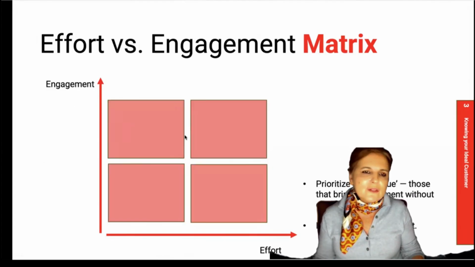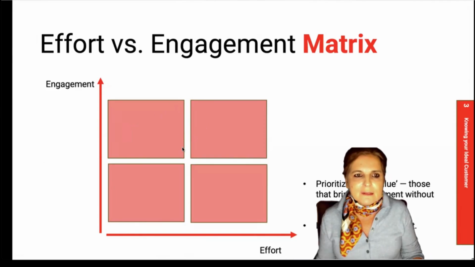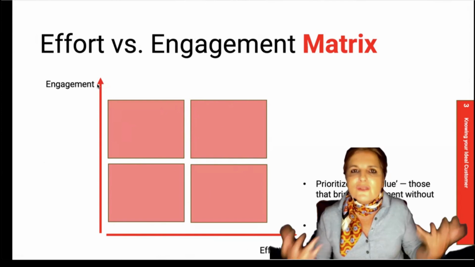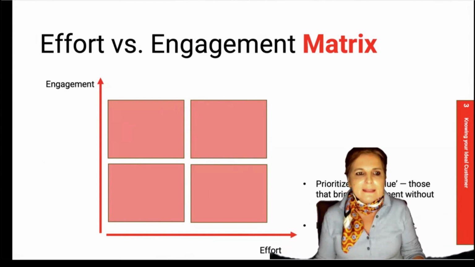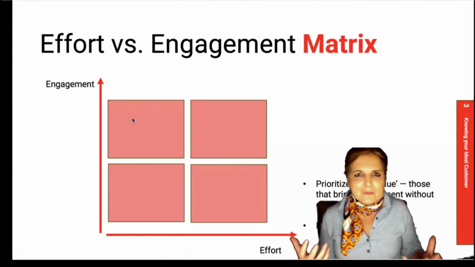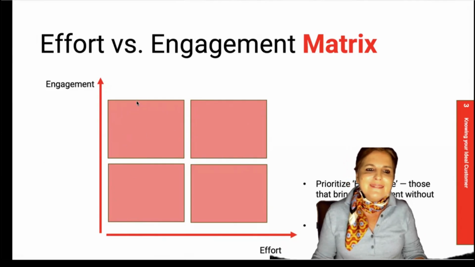And so if you think of quadrants, of course, in this quadrant is something that requires a lot of effort, but also produces a lot of engagement, okay? And in this quadrant here, there's a lot of engagement that comes out of it and not much effort. So I like this quadrant, right? How about you?